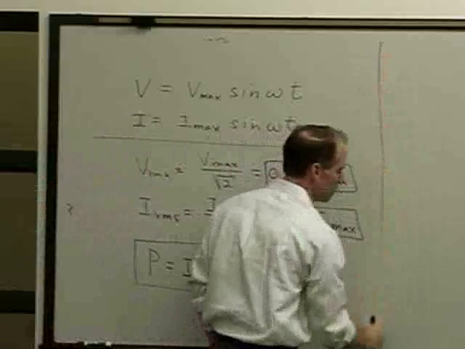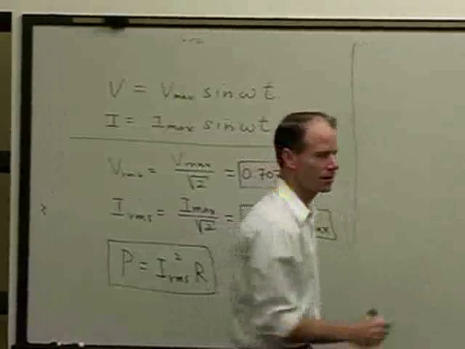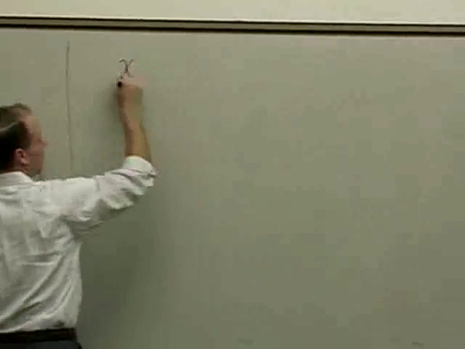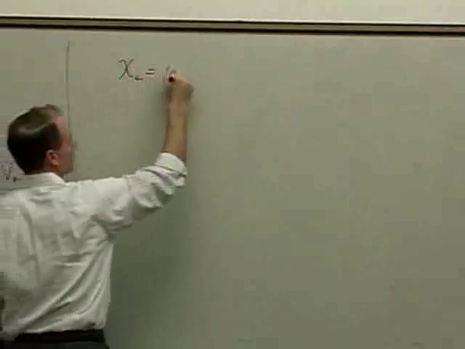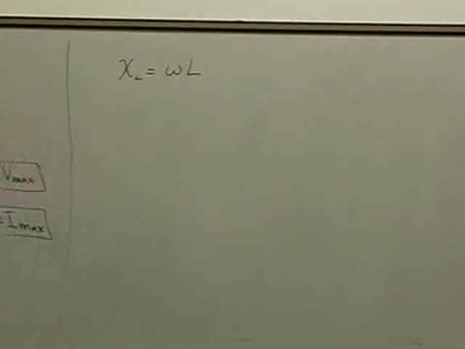In relation to those other devices, we had what we called reactances, and we said the inductive reactance was equal to the angular frequency times the inductance. And that had units of ohms, just like resistance. Of course, it's not resistance because you're not dissipating energy like we just said, but it does represent an opposition to the flow of current in that circuit.